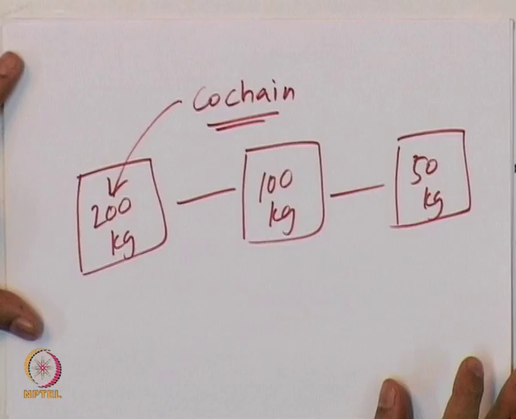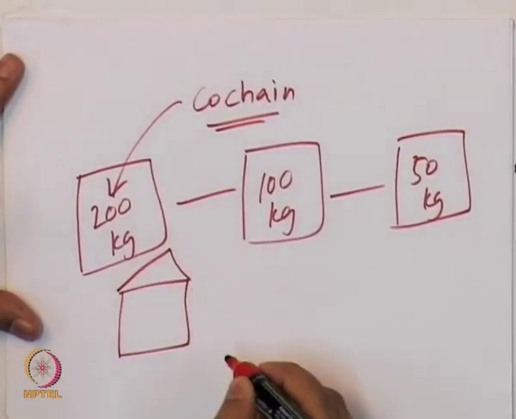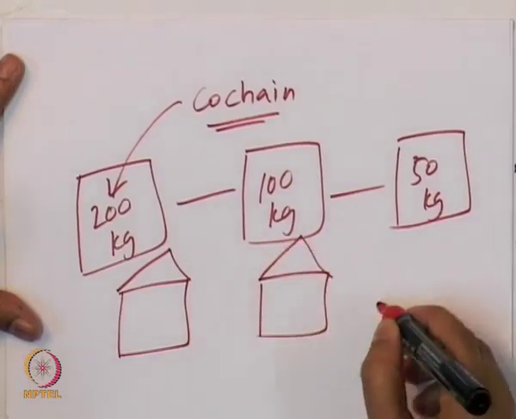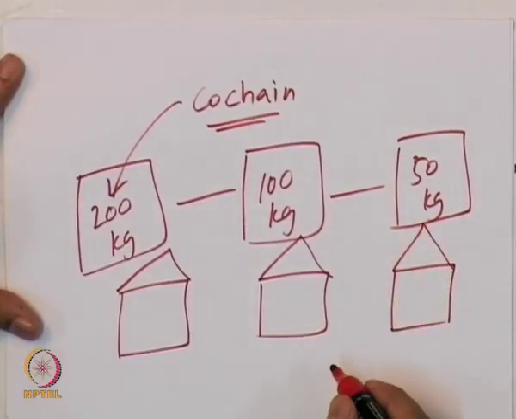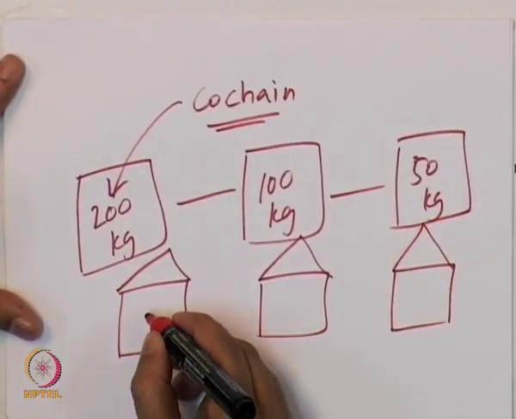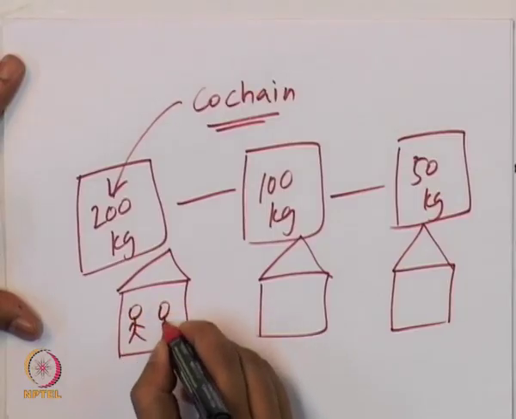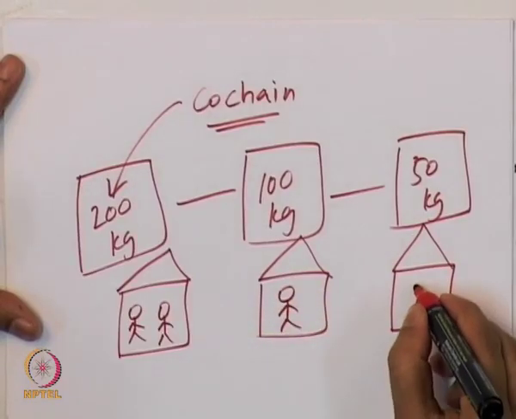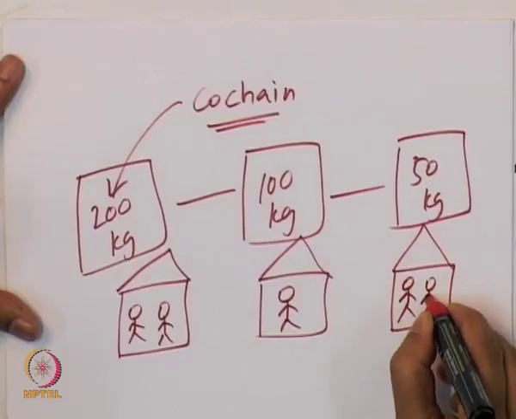Let us take an easier example. Let us say we have an apartment house, and these houses are 3-dimensional objects, and there are people in the house. Let us say there are 2 people in this house, 1 person in this house, and 3 persons in this house.